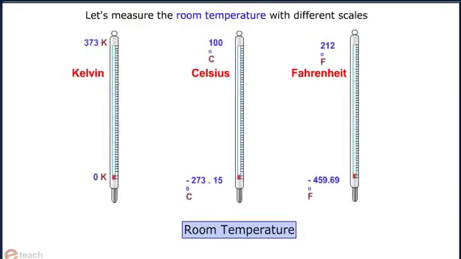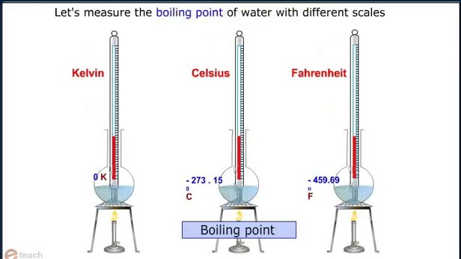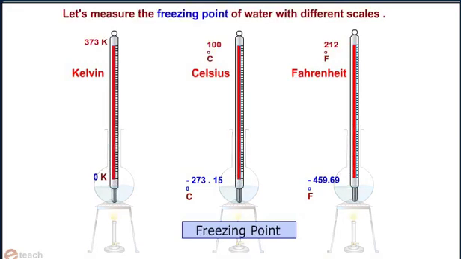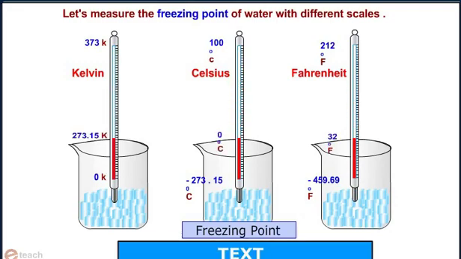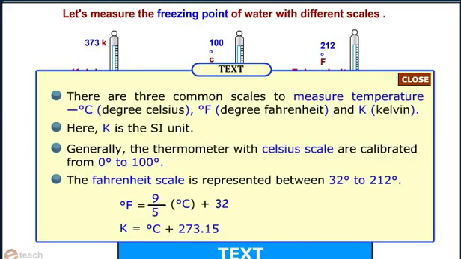Let's measure temperature with different scales in different conditions. We can observe the different values on scales corresponding to the room temperature, boiling point and freezing point. There are three common scales to measure temperature: degree Celsius, degree Fahrenheit, and Kelvin.